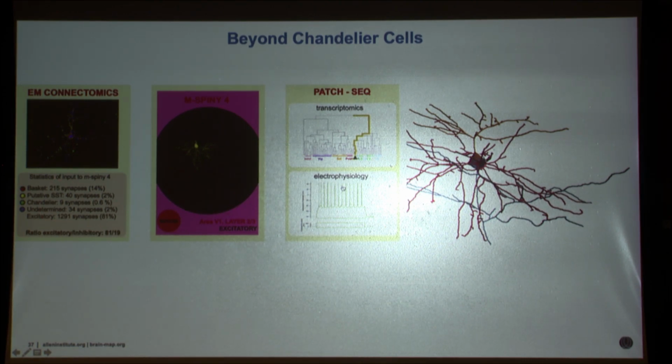At the Allen Institute especially, we're interested in cell types. I really don't have time to go into that, but there's a whole program called cell types that this is a part of at the Institute.